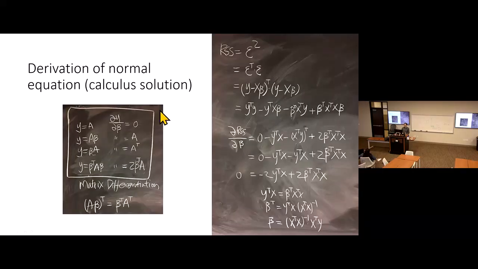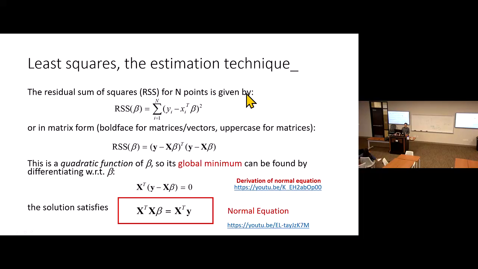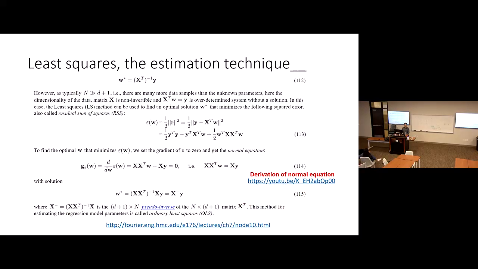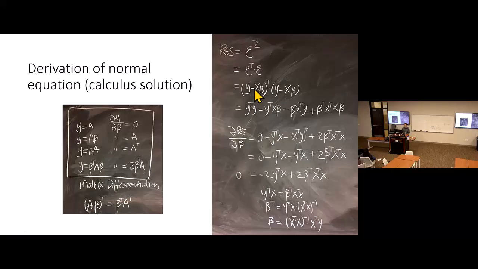I do have this written out, but I don't believe you really need it, because it's very similar to this and that; I just wrote it in my own way. This RSS is epsilon squared, the dot product between them, and it is the difference between your prediction and the predicted value.